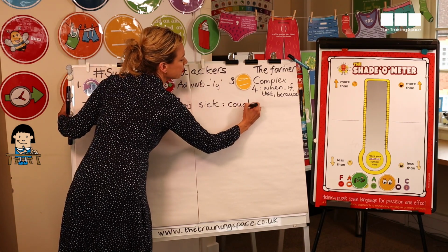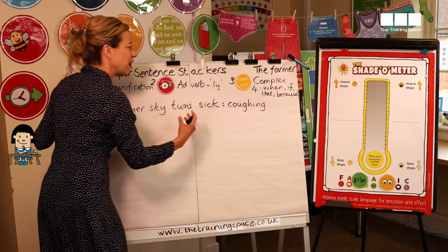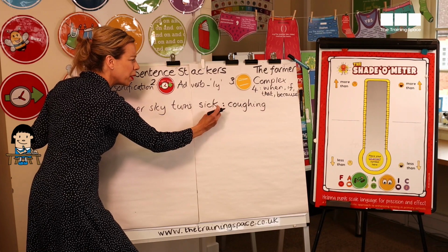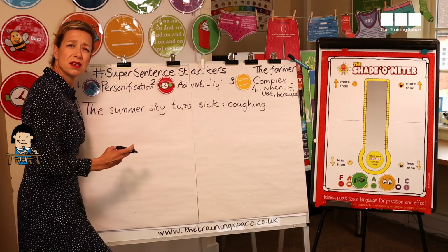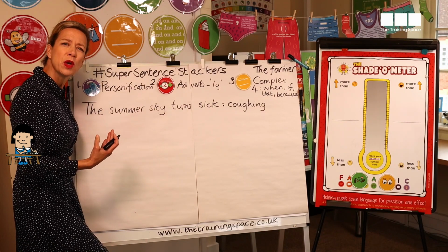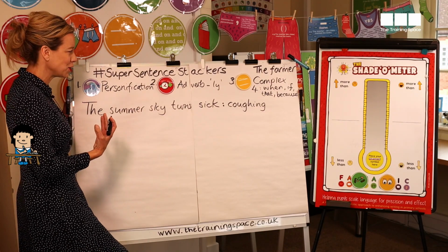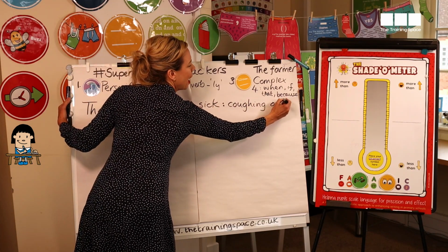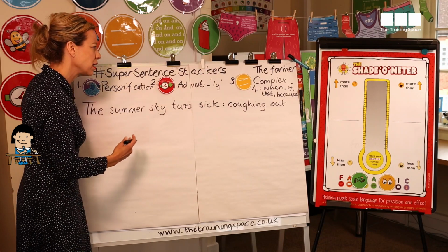Coughing, yes. So now really human actions that you'd expect a human to do. So this, we can really feel we're in the realm of personification. Coughing out, and now I want the image of the rain.